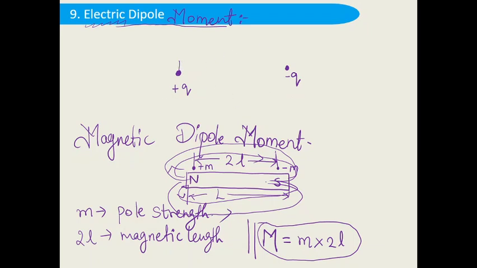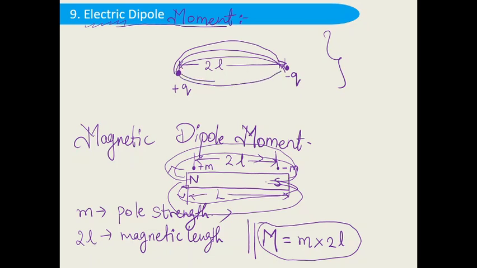And if I say the distance between them is 2l, then this will act like a magnet. Why? Because there will be an electric field instead of a magnetic field. The electric field will start from the positive charge plus q and end towards the minus q charge. So there will be an electric field like the magnet.